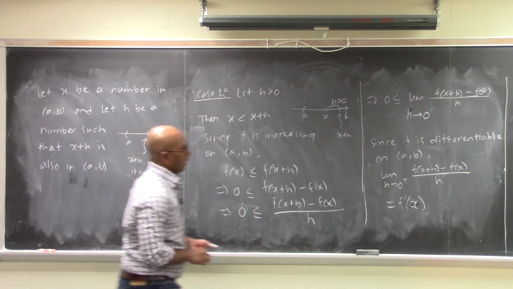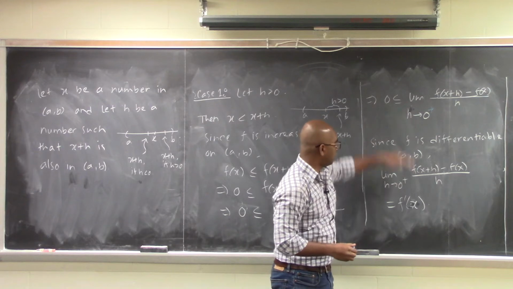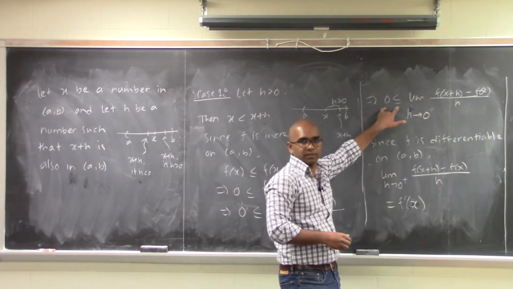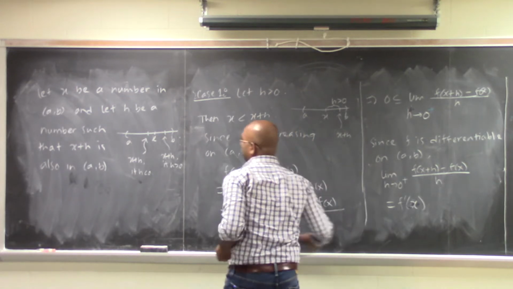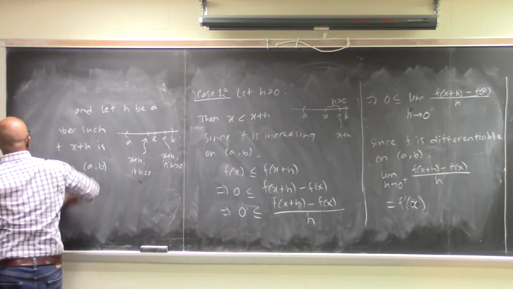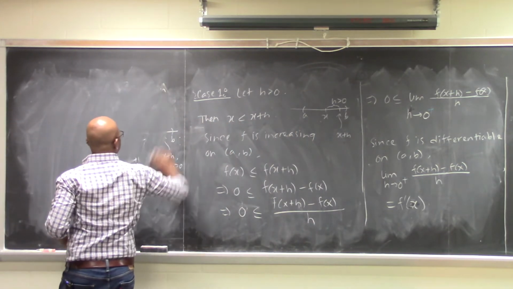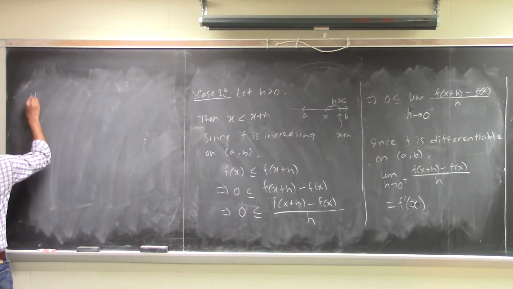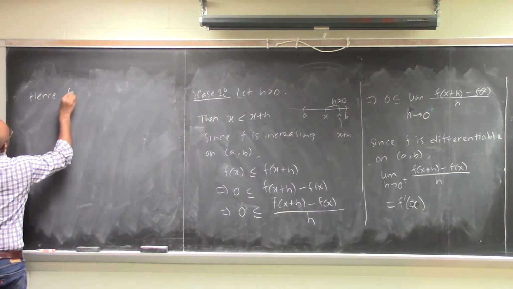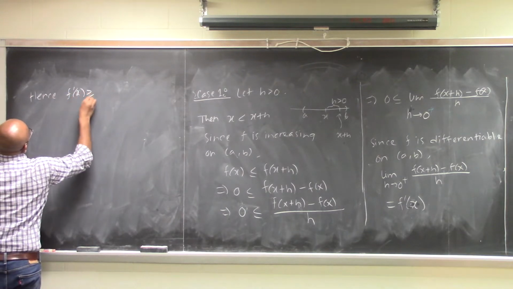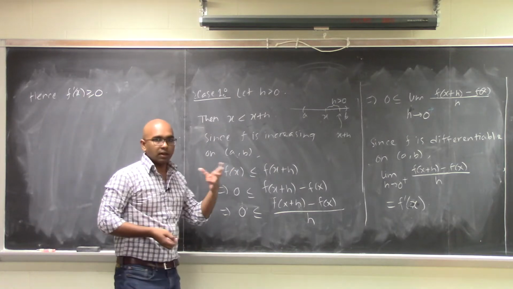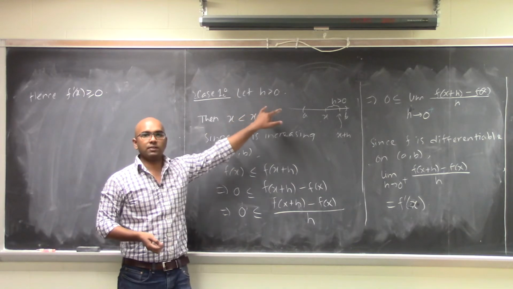Now if you just compare these two, what do you get? You get f prime of x is bigger or equal to 0. Hence, f prime of x is bigger or equal to 0.